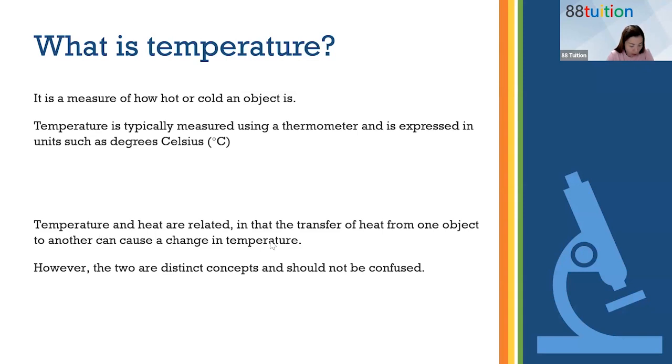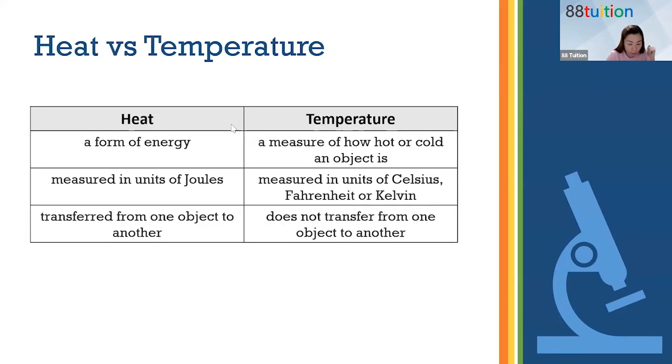So heat and temperature are related, in that there is a transfer of heat from one object to another, which leads to a change in temperature. The two are very distinct concepts. You cannot confuse them. So if you are supposed to differentiate them, know this, heat versus temperature. Heat is a form of energy. Temperature is a measure of how cold or hot an object is.